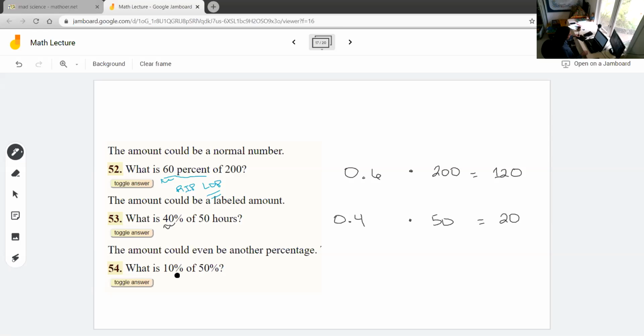And finally, 10% of 50%. We keep this percent as a label, just like the label for this one was hours, the label for this one will be percent. So we'll have 0.1 times 50% will be 5%.